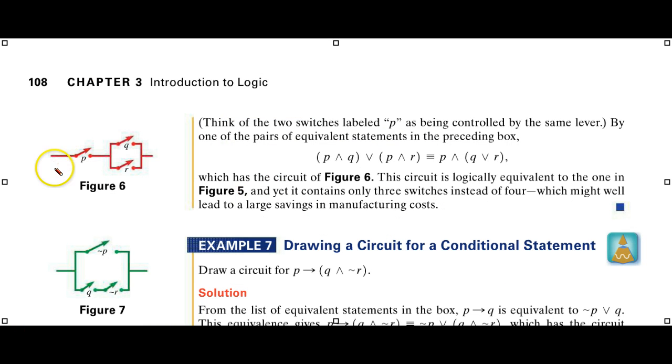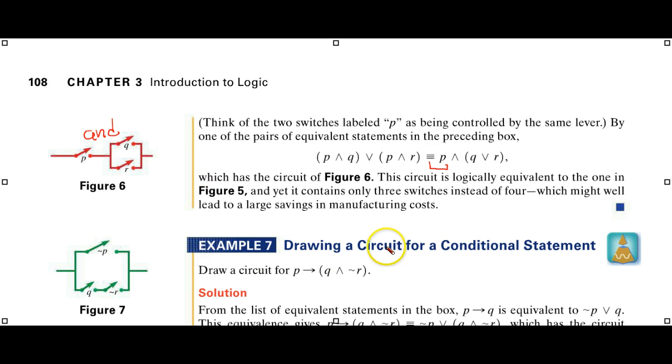We can make the circuit more efficient by cutting out these two possibilities and just put the single P there, which is what we're indicating here. But then now it's going to be and this combination, which is also an or now, because one of these can work and the circuit will go on.